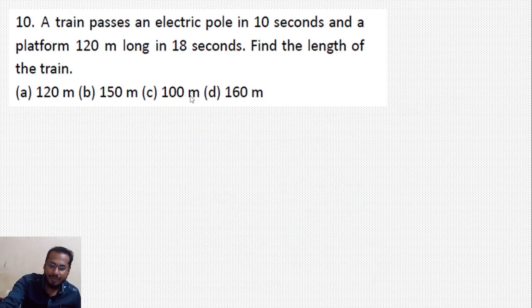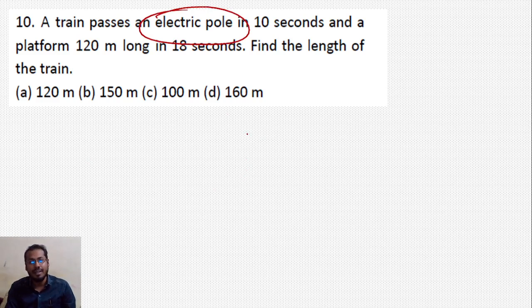Okay, next question. A train passes an electric pole. What is the formula for electric pole? Speed is equal to L over T. Oh, sorry. A train is going to pass an electric pole and a platform.